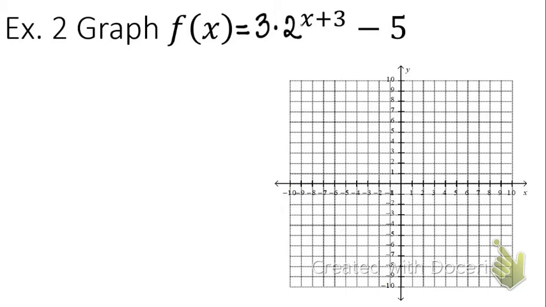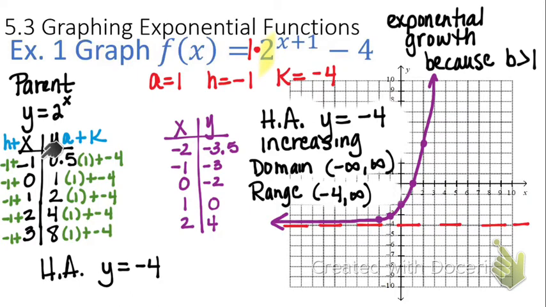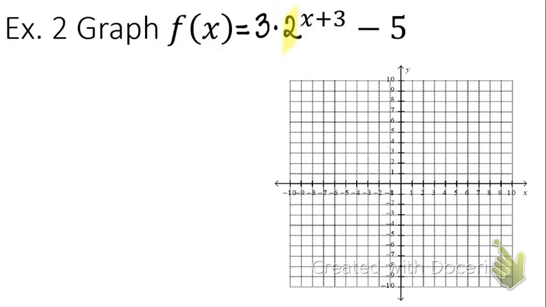So I'm going to make that a 3 times 2 to the power of x plus 3. So we have a base of 2 again. We already have our parent table, so I'm using these same values again. So let's make our chart for y equals 2 to the power of x.